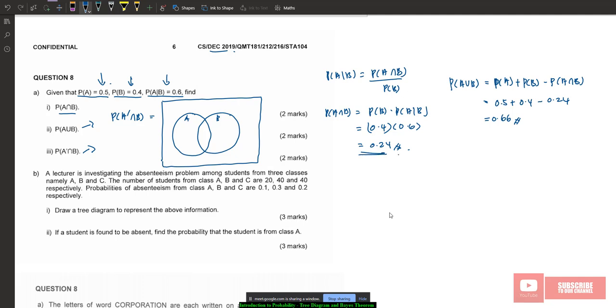So this is A intersect B. The probability of A complement is everything that is not A. The yellow area is the complement of A. So everything non-A is A complement.